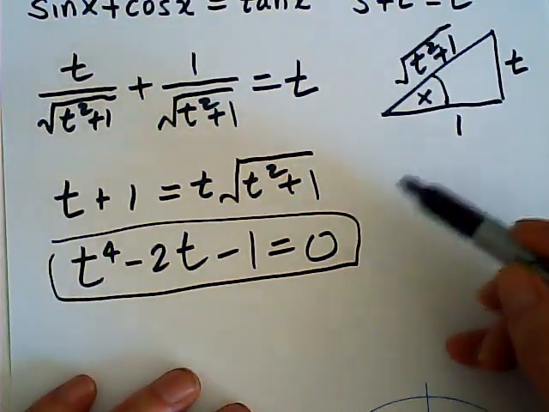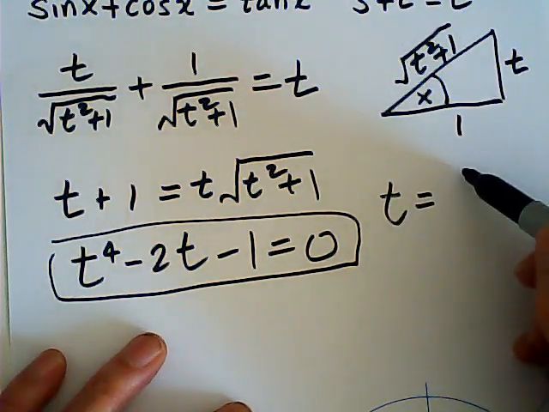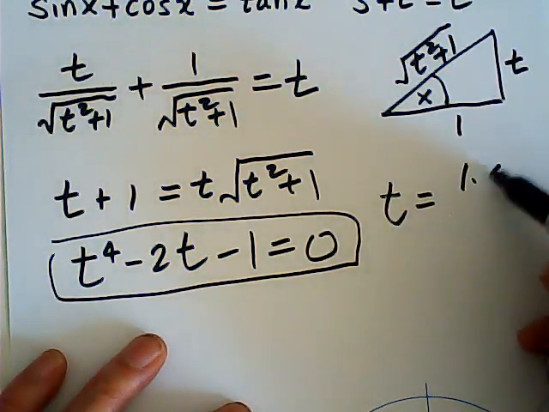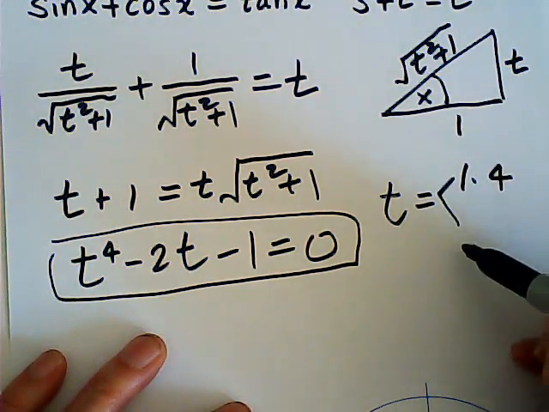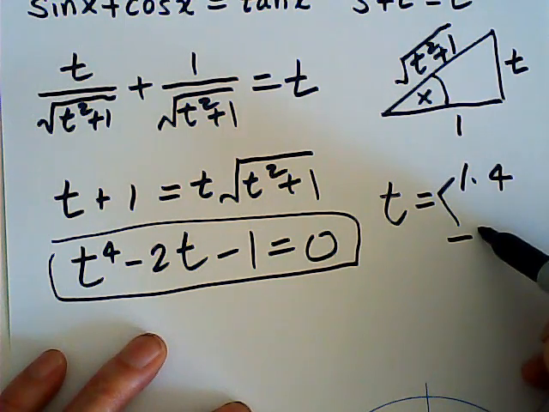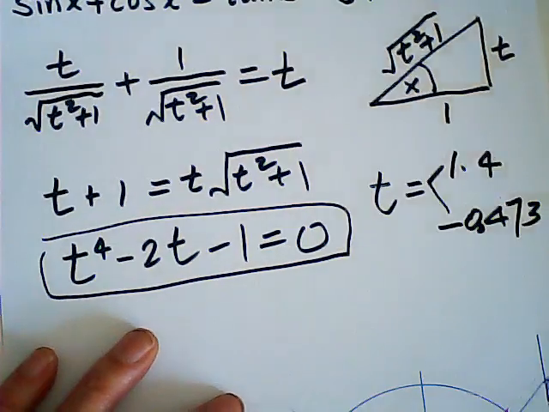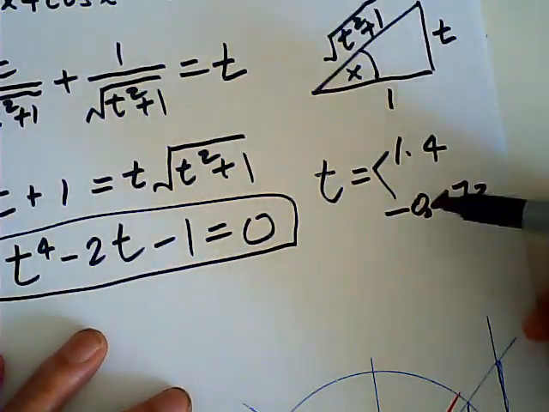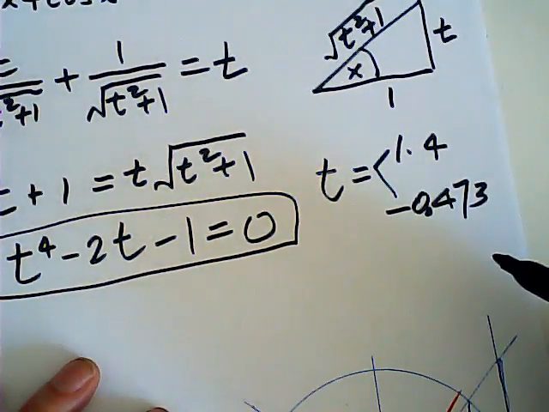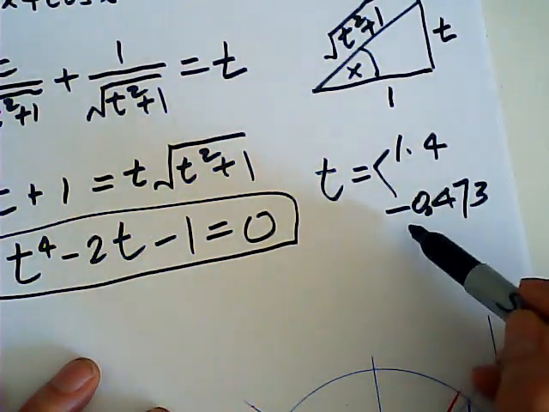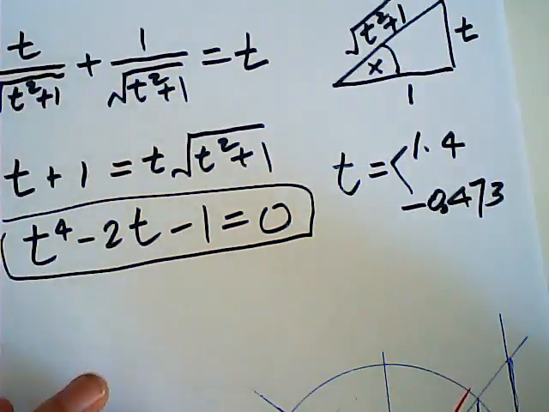Whichever way, we can find t is equal to 1.4 or negative 0.473. So with one way or the other, we can find a solution for this equation: 1.4 and negative 0.473.